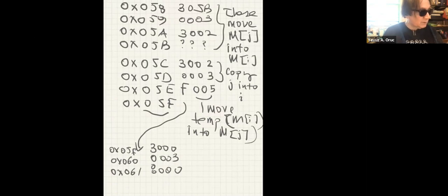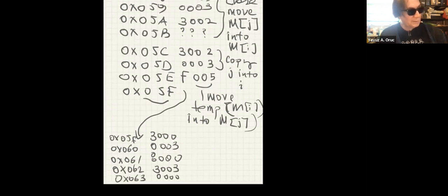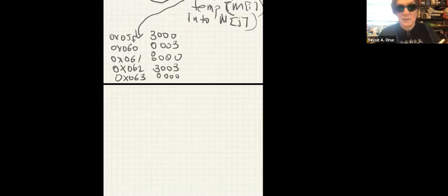But before we do this, because we have to push it back, 0x062, and that will be push it back, meaning like this, and then 0000, 0x063, okay, and then jump back as a forced jump.